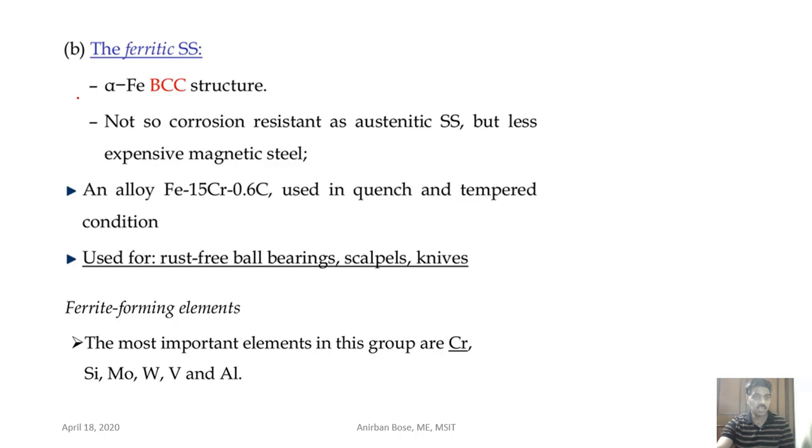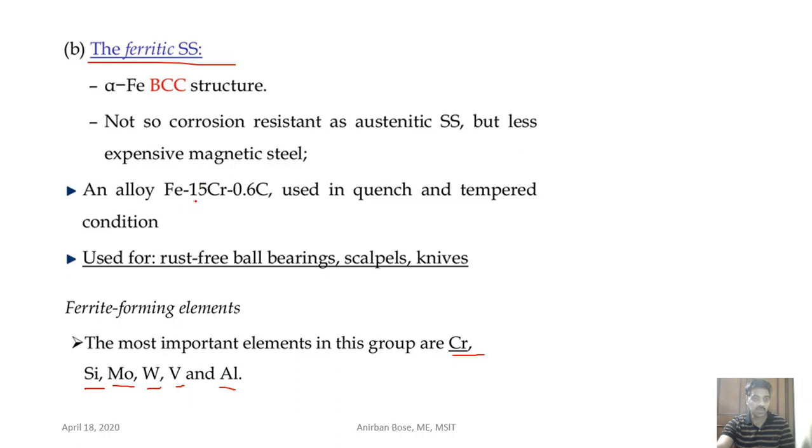Some of the stainless steels are ferritic stainless steel. In case of ferritic stainless steel, some of the components like chromium itself is a ferrite stabilizer, silicon, molybdenum, if they are present, they are ferrite stabilizers.